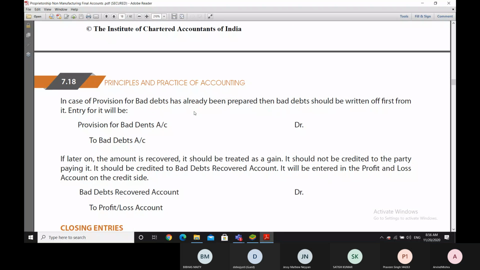Now, supposing we treat some amount as bad debts, and the bad debts get recovered later on. So when the bad debts get recovered later on, we make a new account, the bad debts recovered account.